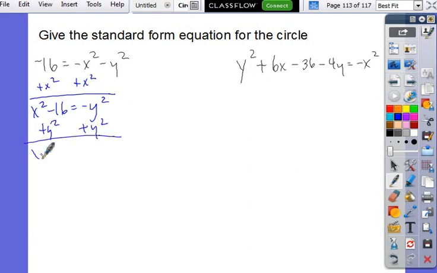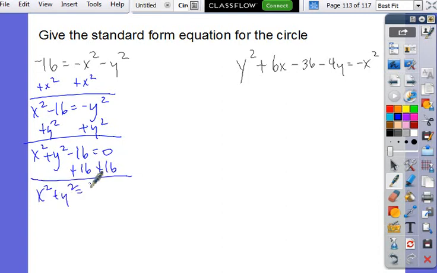Hopefully we can shorten this down. Is everybody okay with that? You can move it to the other side and change the sign. X squared goes across, becomes positive. Y squared goes across, becomes positive. I want the number to be on the opposite side from the x squared and the y squared. So this 16 has to go across. There's your equation.